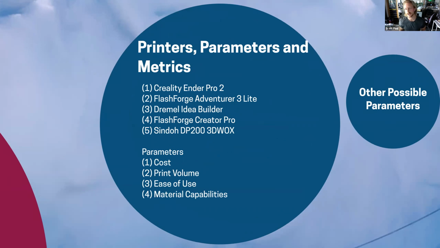So the printers we're going to look at, I've chosen 5 printers that I would think are within the realm of possibility for a hobbyist or any one of us maybe interested in buying a printer. They range from $200 to $1,200.